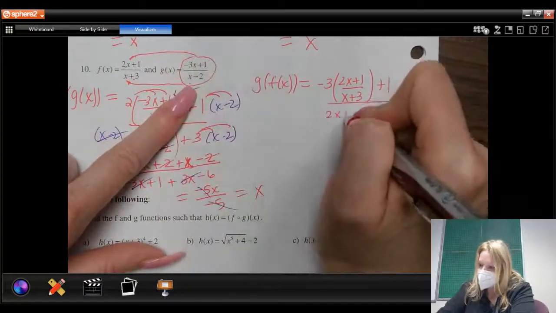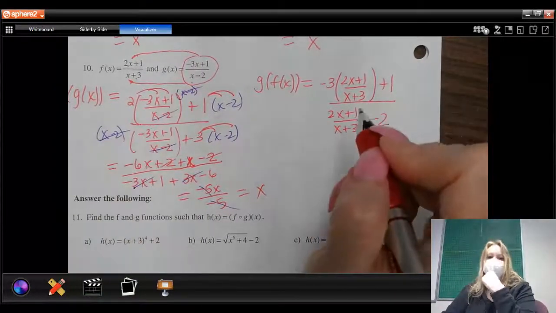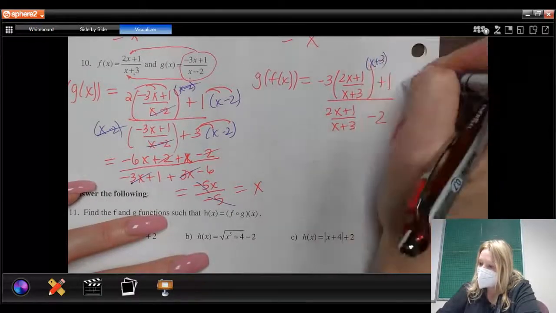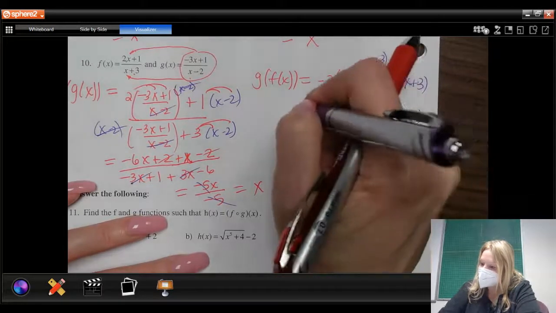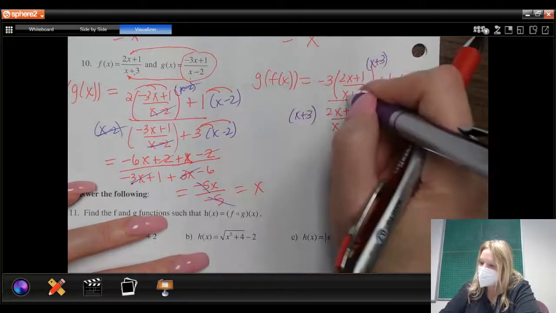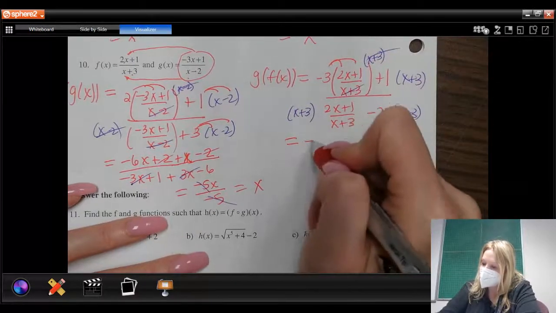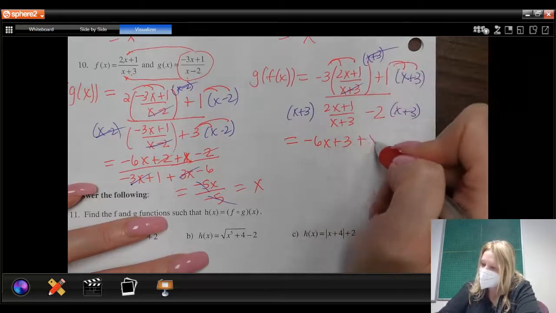So it's 2x plus 1 over x plus 3 minus 2. All right, so multiply everything by x plus 3. That cancels. We distribute the negative 3. Here we distribute the 1.